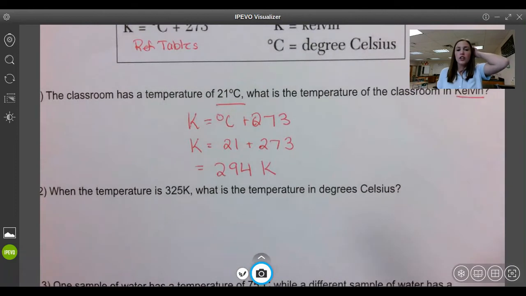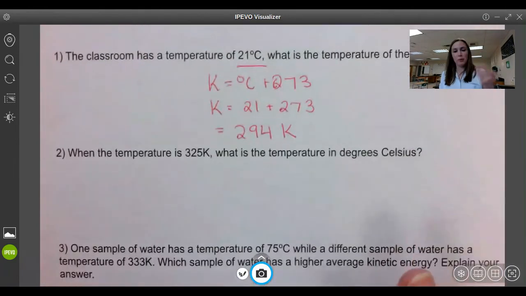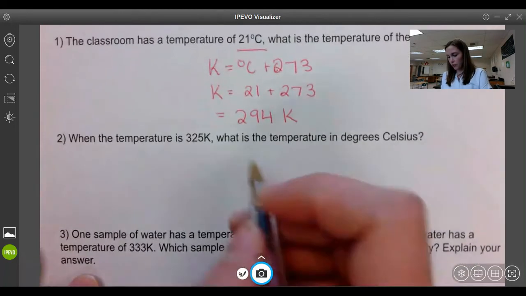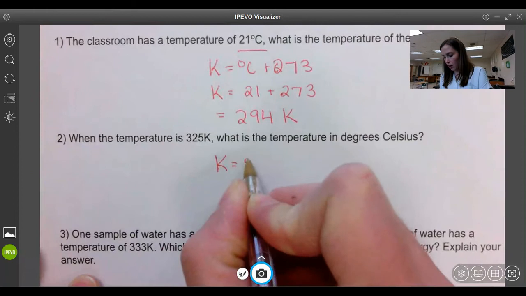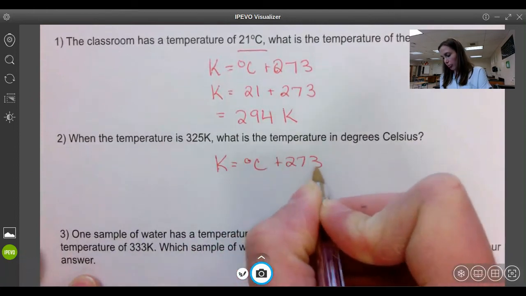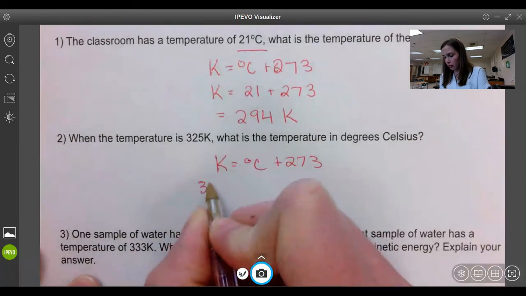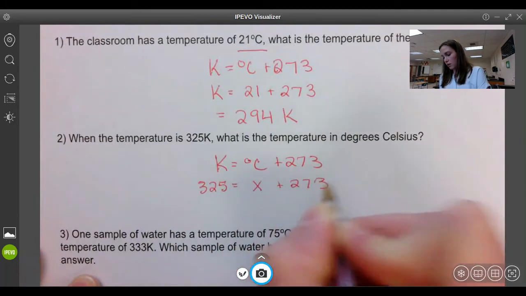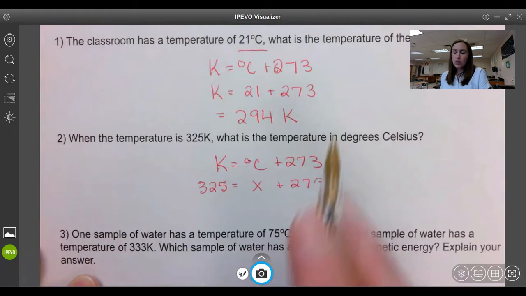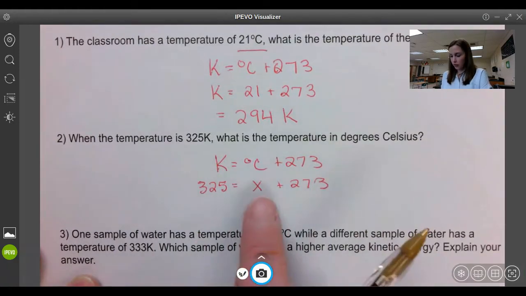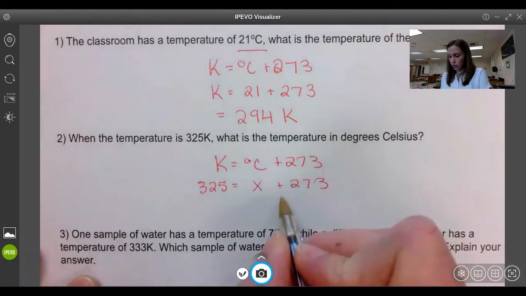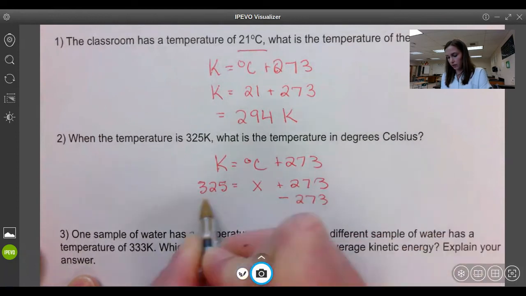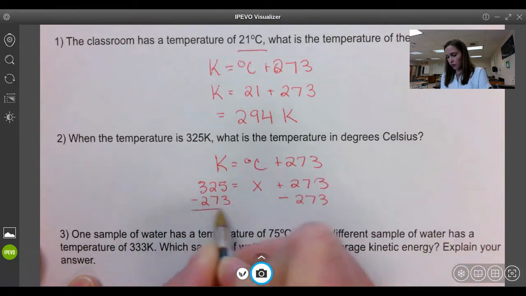The trickier one seems to be number 2, when we're going from Kelvin to degrees Celsius, and it's usually because students don't write it out or they make a little adding and subtracting error that I'll go over. So with this one, we have again our equation. In this case, I'm going to be putting 325 where Kelvin is, and then I'm going to plug in X for my degrees Celsius that I'm looking for. So from here, just be very careful. I want to get X by itself. So I'm going to subtract 273 from each side.